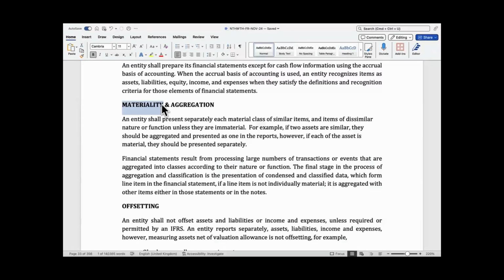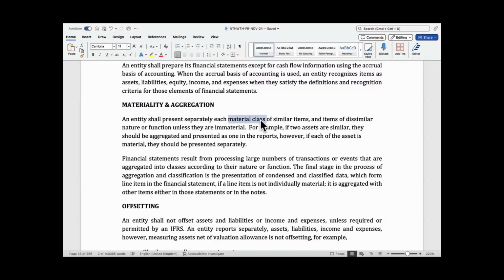Somebody even asked, what is nature? What does it mean? I told him it's the same thing as materiality. It's already captured indirectly. So here again, IAS 1 is emphasizing that when you are presenting your financial statements, you need to identify items that are material and are similar.